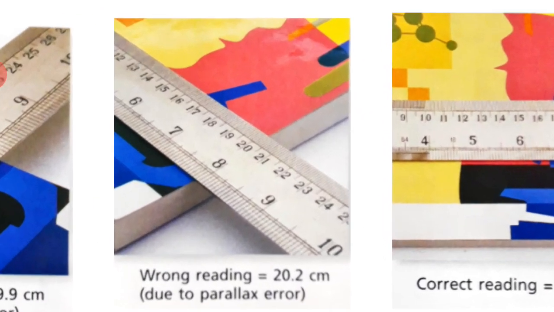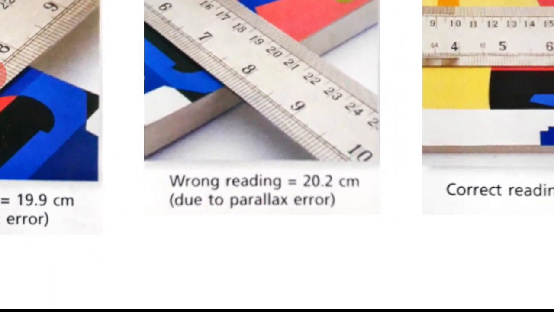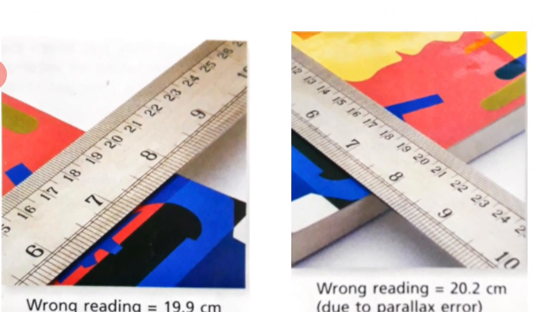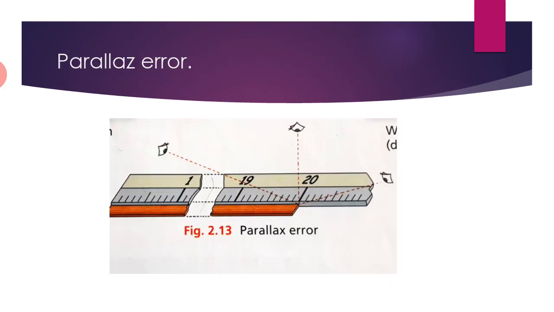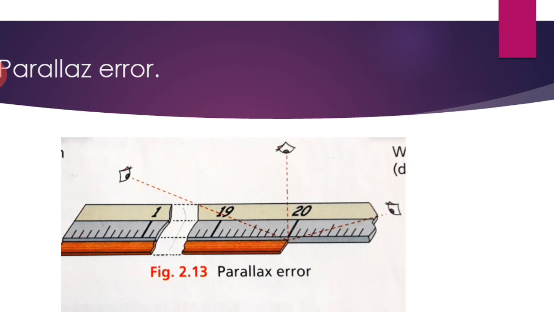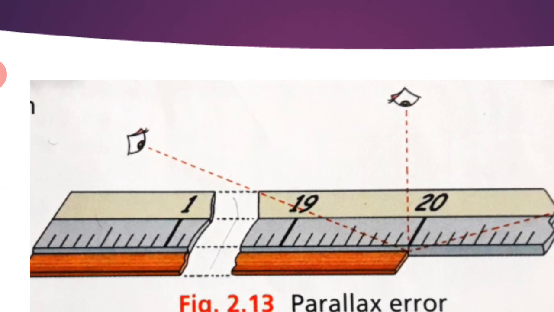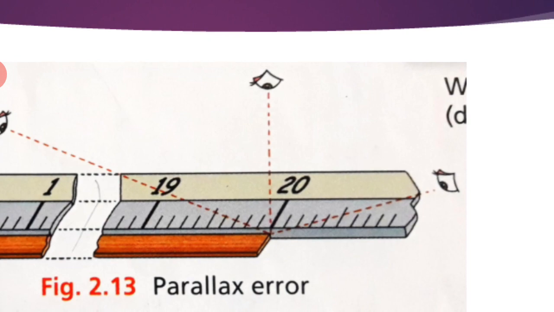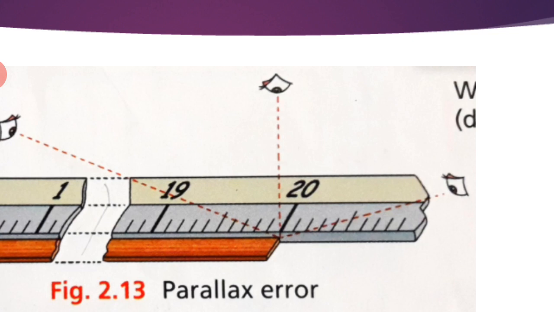But in these two, this person is looking from the right and this person from the left, so there is a parallax error, but this picture is absolutely correct. Again over here there is a parallax error, because the person is looking from the left side, over here from the right side, and in the middle the person is standing in the correct place but is a bit tilted, so that's why it has a parallax error.